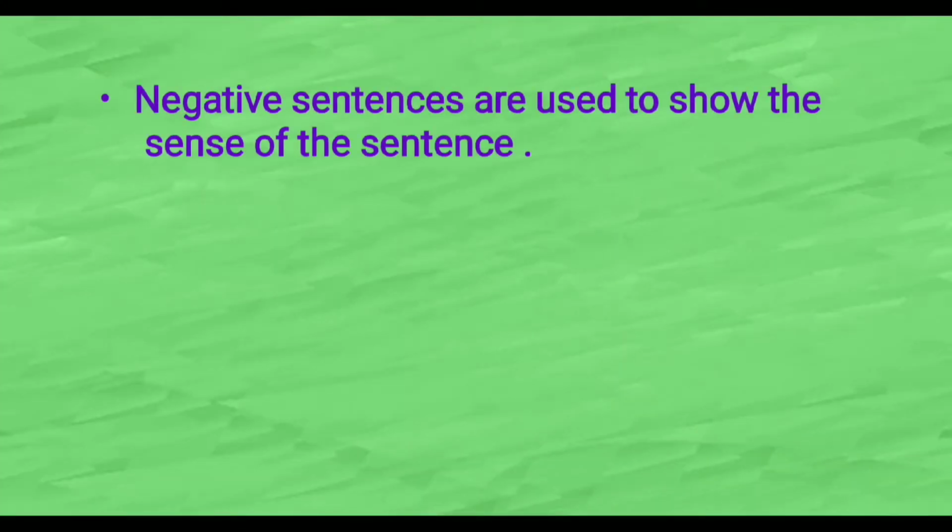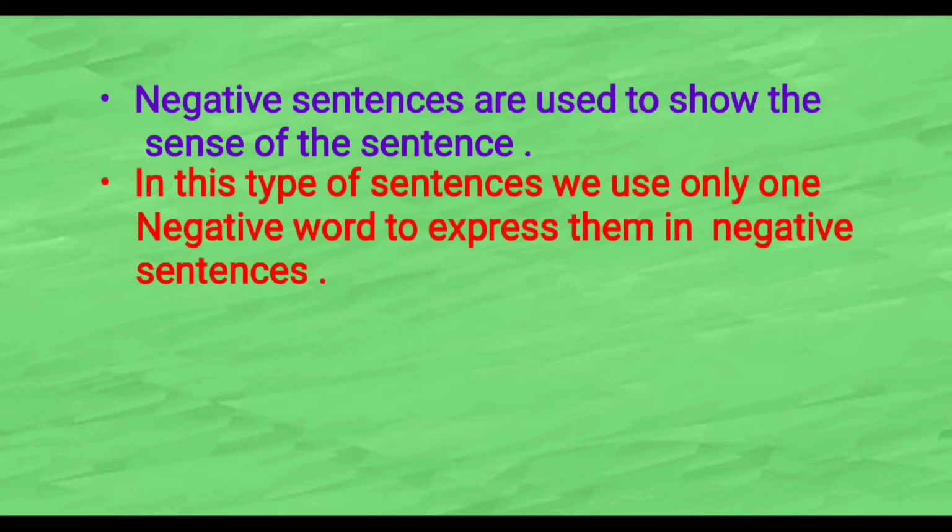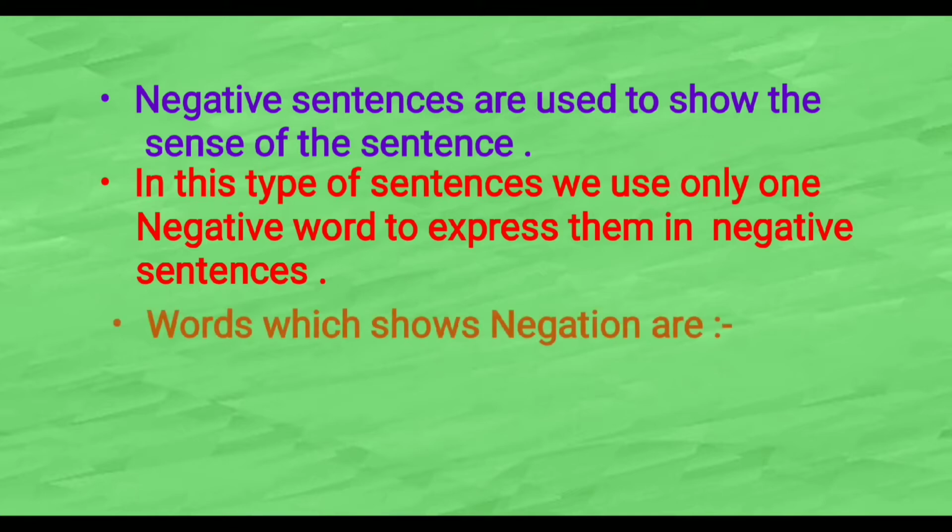As we learned, negative sentences are used to show the negative sense of the sentence. This type of sentence uses only one negation word. It means that there are no, not, so many negation words, but we use only any one negation word to make it in a negative form.